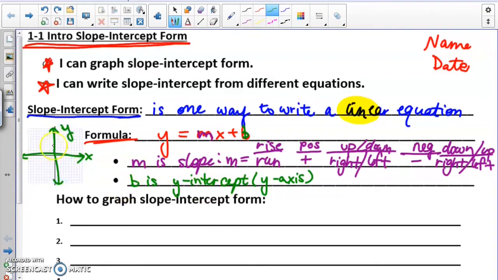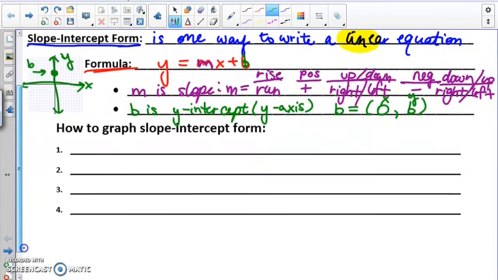The y-intercept is right there. So b is always going to be up or down first. Because it doesn't go left or right at all, it's written as an ordered pair. So we say 0 comma b, because the x value always comes first and we don't go left or right at all, and then b is whatever number b is for our y value.